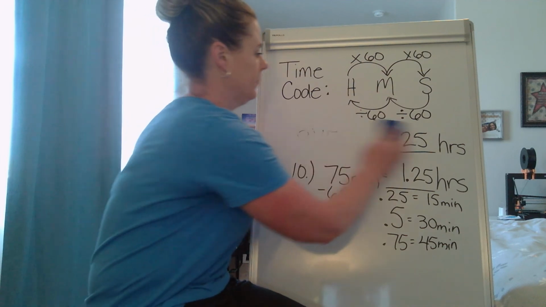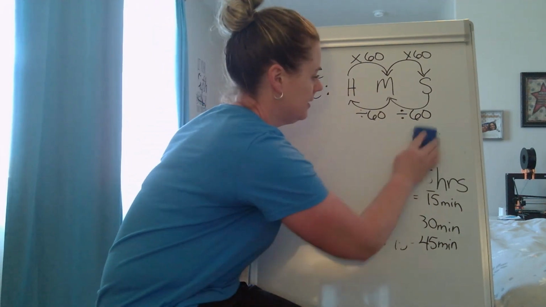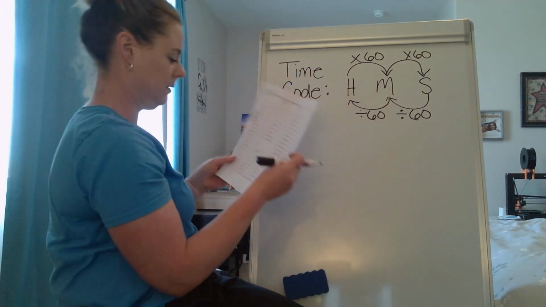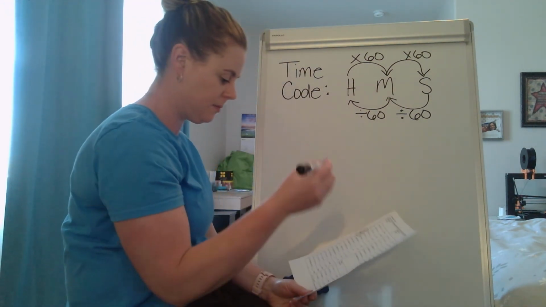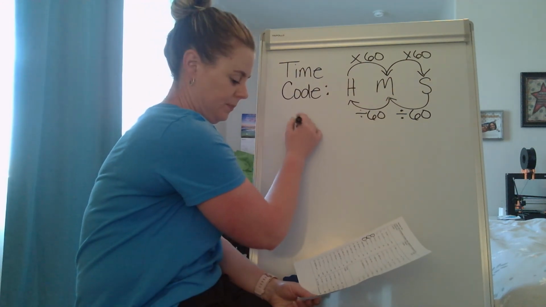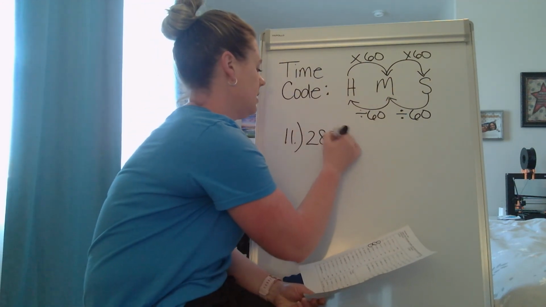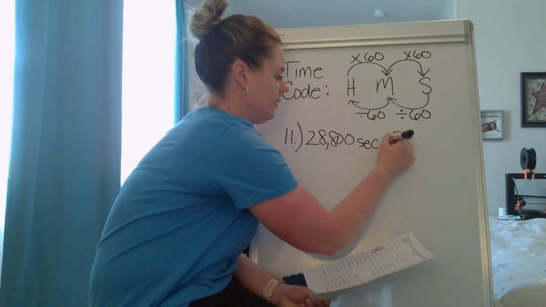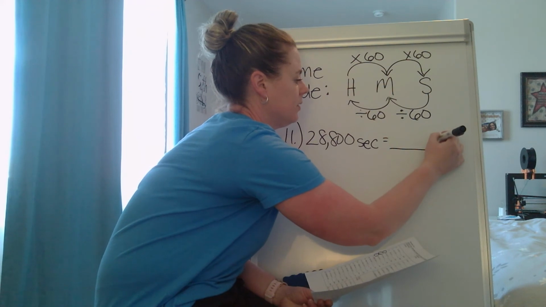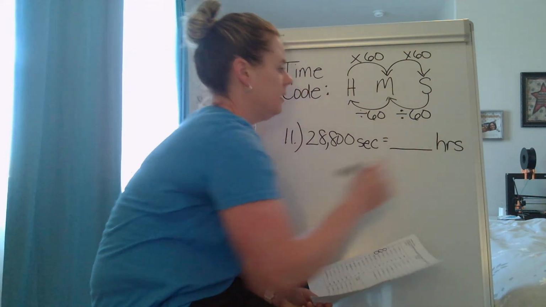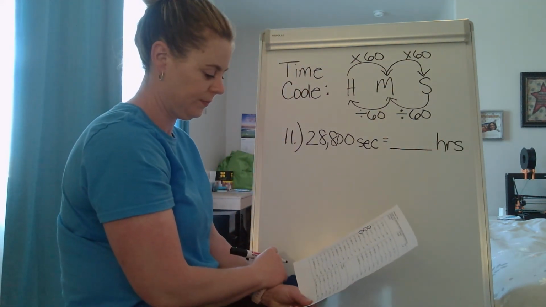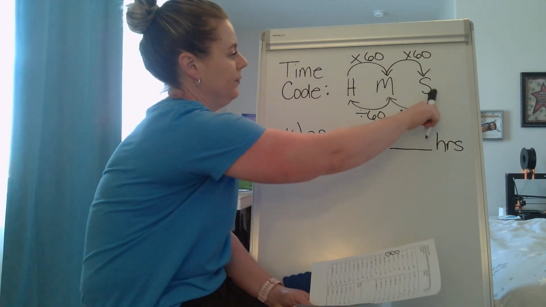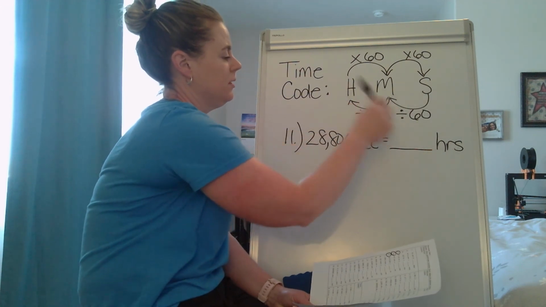And that was number 10. Now let's look at seconds to hours. Let's look at number 11. 28,800 seconds equals how many hours? Okay, notice now seconds to hours.